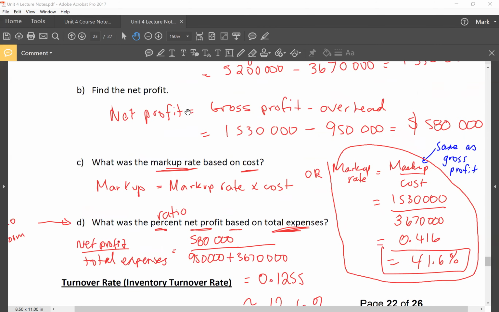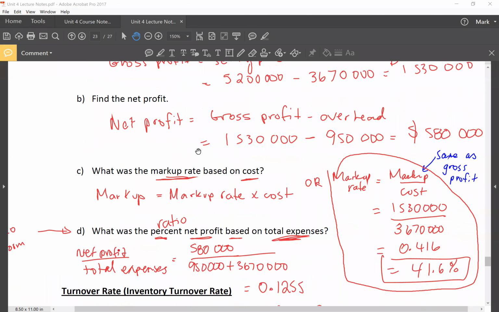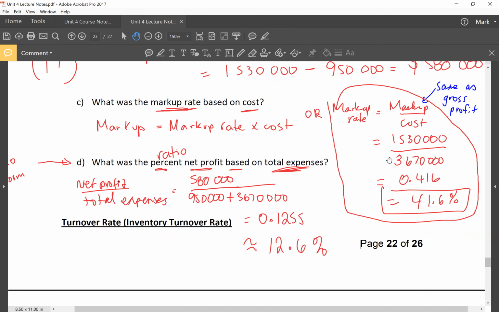The net profit we already calculated in question B. So yes, we did use equation 17 to find the answer in B. Once I knew the net profit, there is no formula for this. All it's asking is what's the ratio of net profit over all of the expenses.